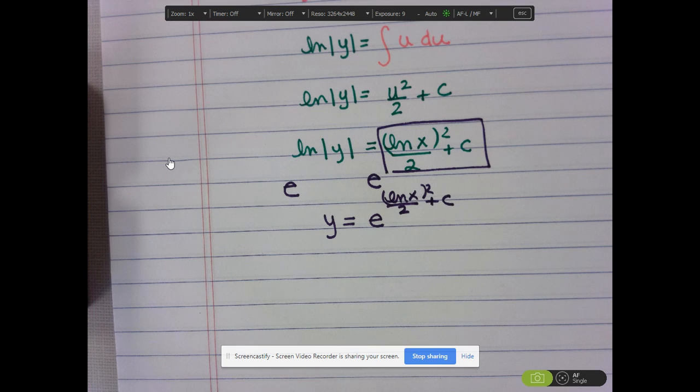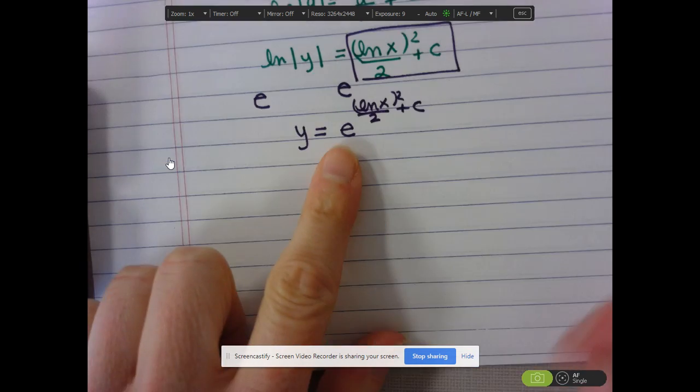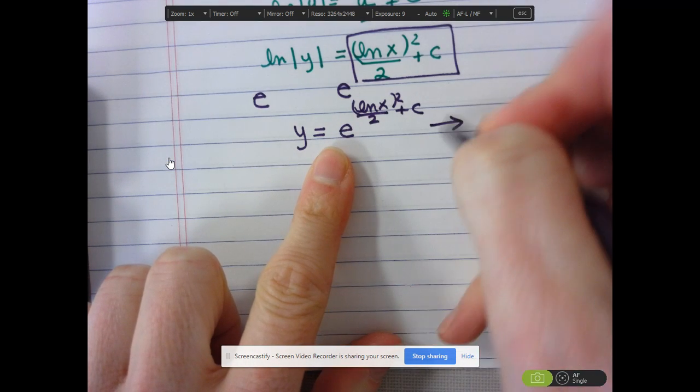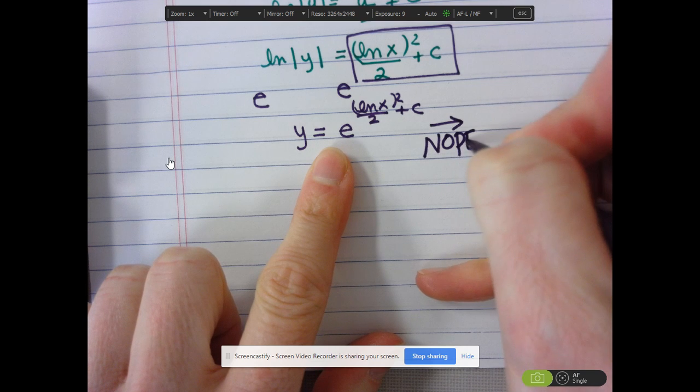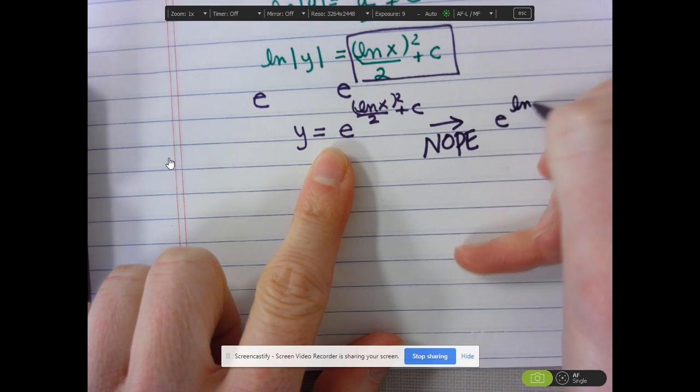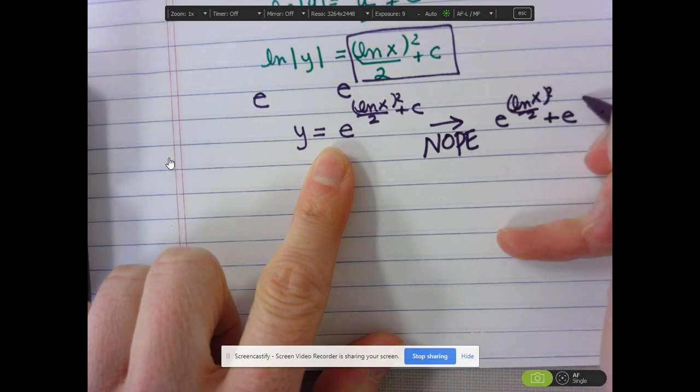Okay. Next. Isn't that the same as e to the ln of blah blah plus e to the c? No, and that's what I was just going to say. This is not, just so you know, big old nope right here. This is not e to the ln of x squared divided by 2 plus e to the c.